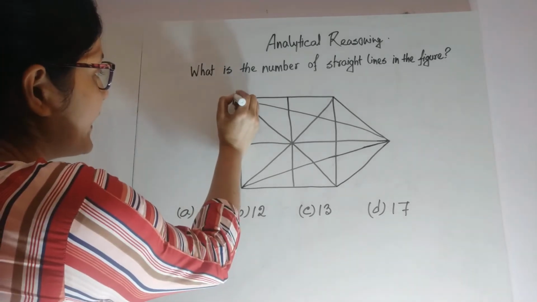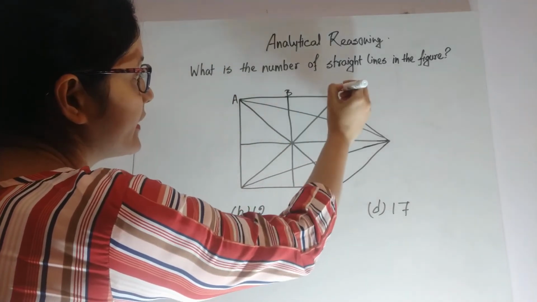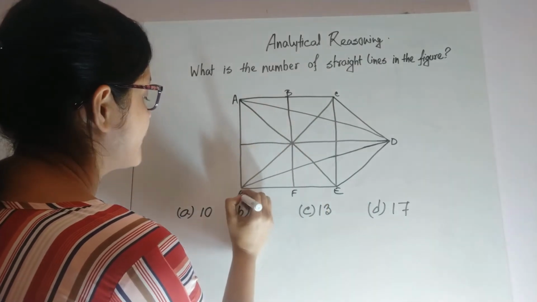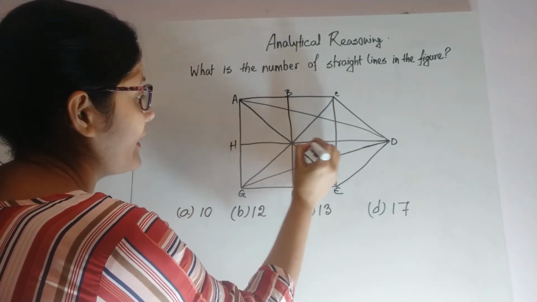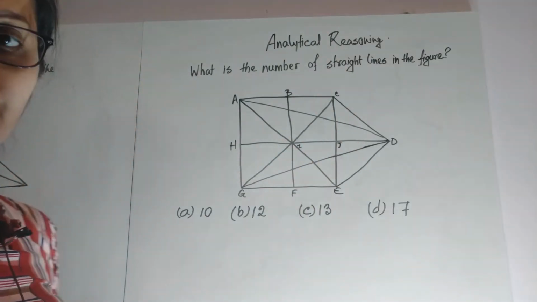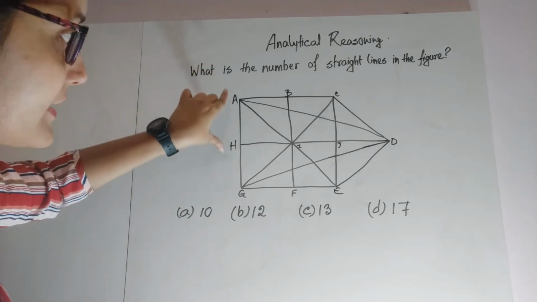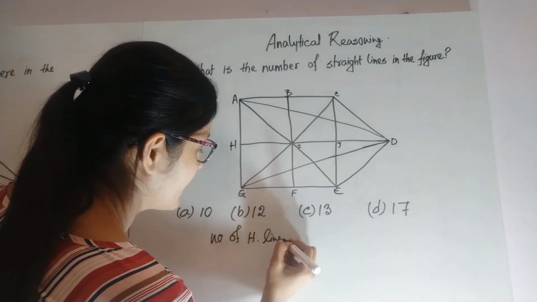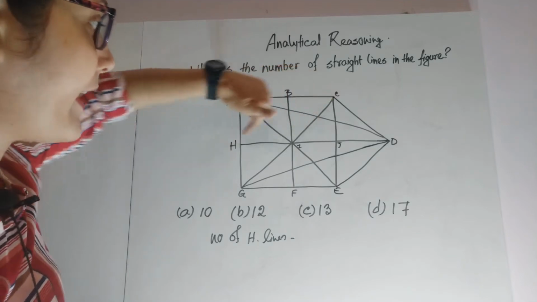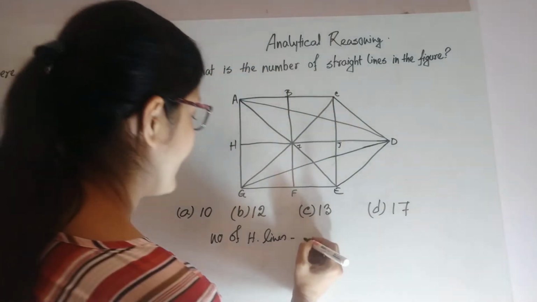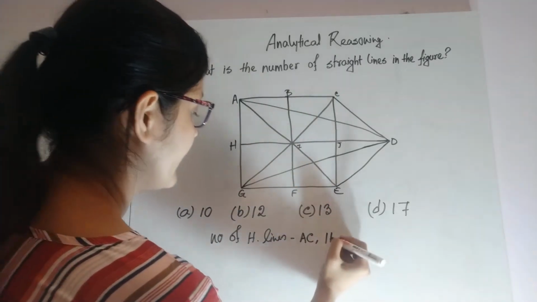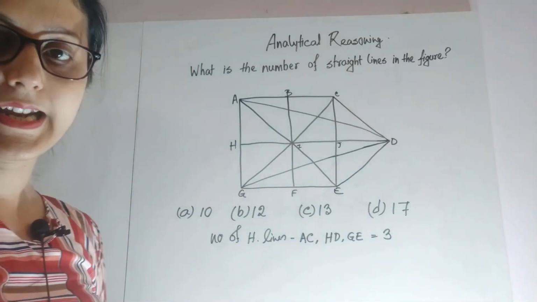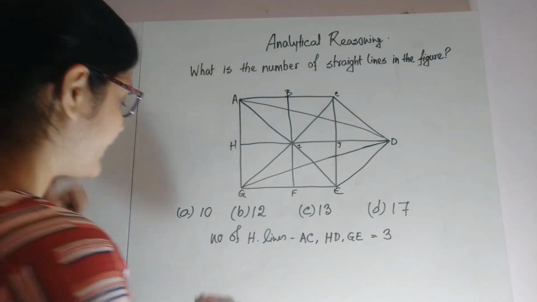See, here A, B, C, D, E, F, G, H, I and J. Now, number of horizontal lines in the figure. How many? AC, HD and GE. That is 3.